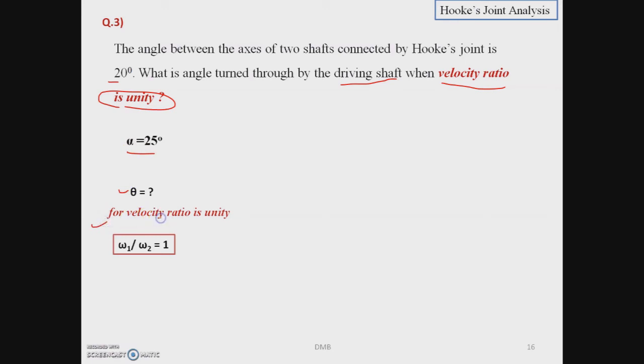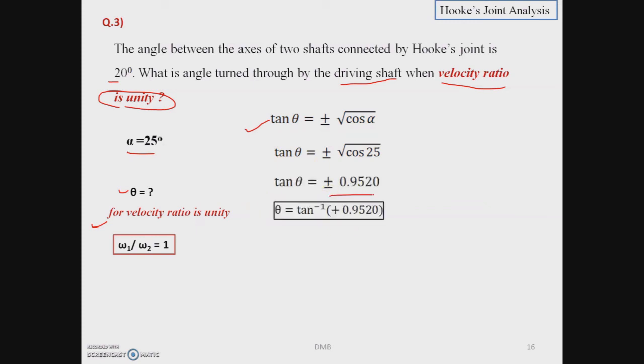So we know that for equal speeds, values of theta can be determined using this equation: tan of theta equals plus minus root of cos of alpha. Alpha is 25, so by substituting, we get tan of theta equals plus minus 0.9520.